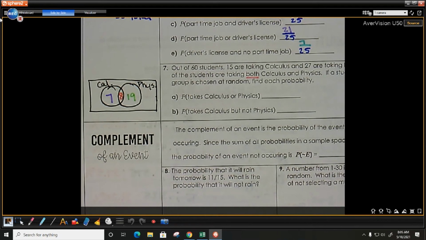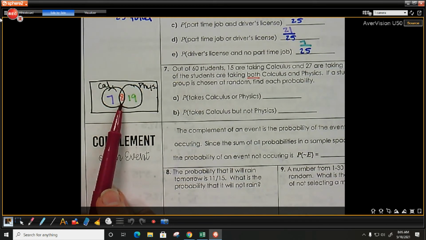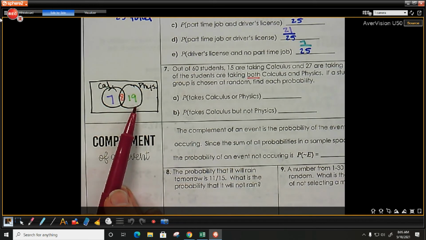How'd you get 18? It's 60 minus 7 minus 8 minus 19. 26.